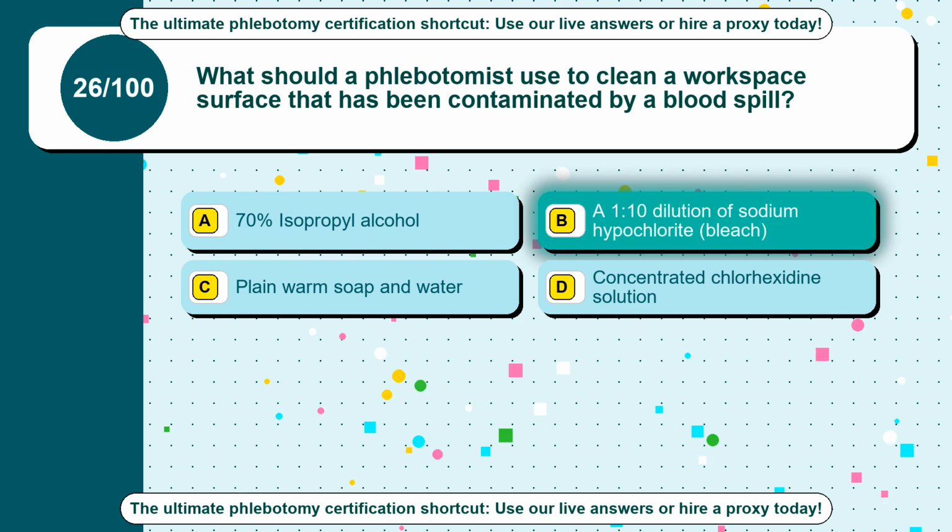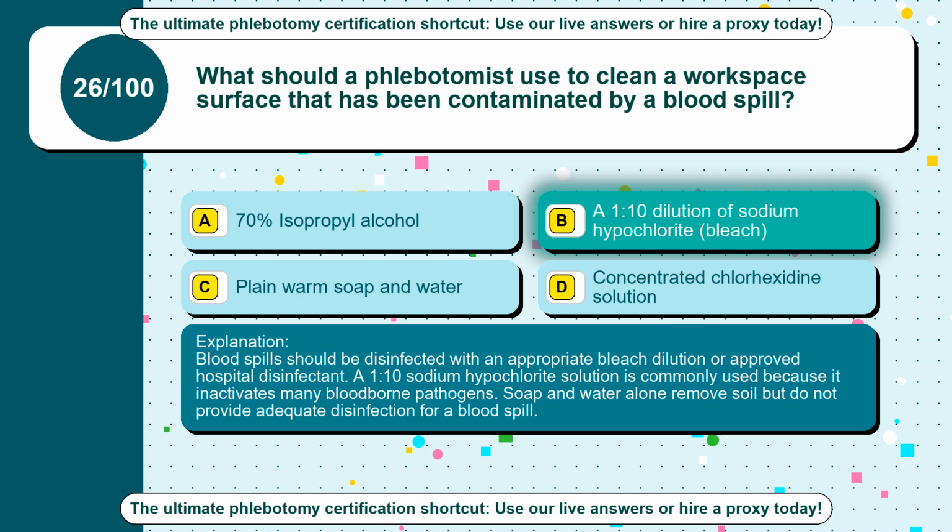The correct answer is option B, a 1:10 dilution of sodium hypochlorite, bleach. Blood spills should be disinfected with an appropriate bleach dilution or approved hospital disinfectant. A 1:10 sodium hypochlorite solution is commonly used because it inactivates many blood-borne pathogens. Soap and water alone remove soil but do not provide adequate disinfection for a blood spill.